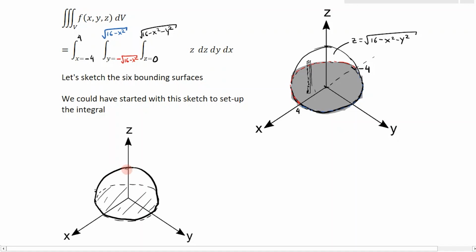That's how we set it up anyway. Then there is this bounding surface, the bottom red one. This is parallel to the z-axis because it doesn't involve z, and it gives you a semicircle like this, but it's a surface, right? So it looks something like this.